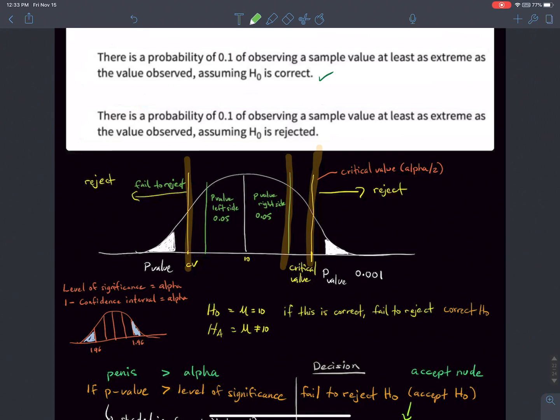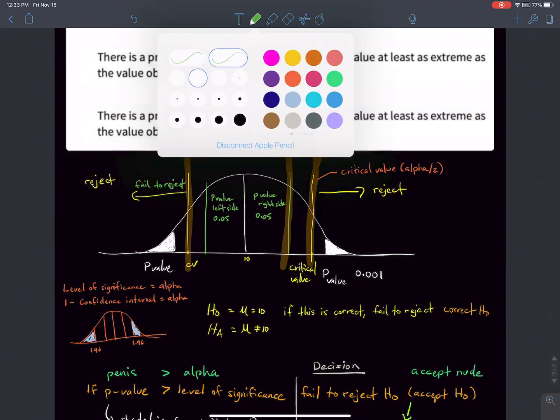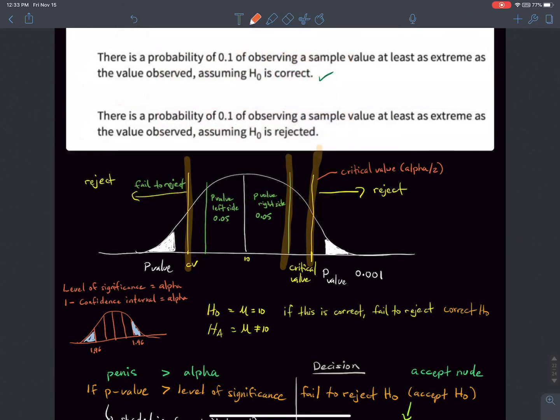Because I mentioned here 1.96. 1.96 is equal to 95% confidence. So at 95% confidence interval, it means 2.5%.